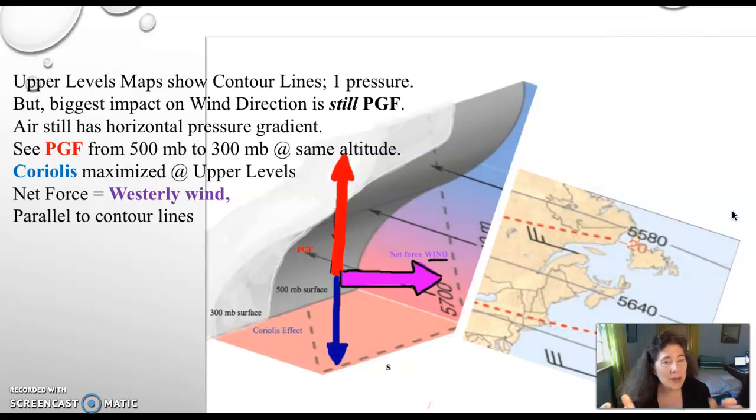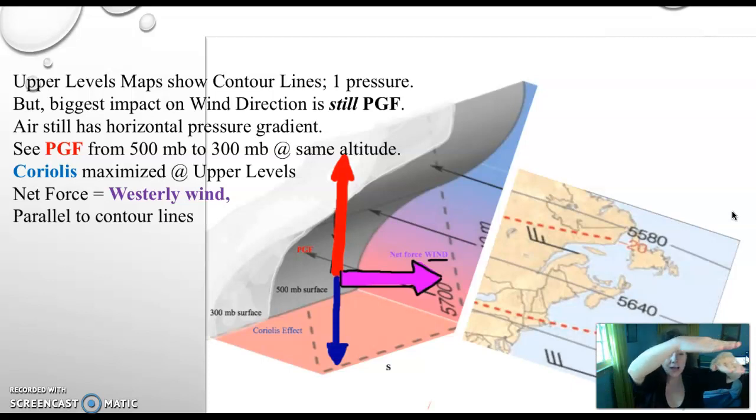At the same time, the atmosphere in the upper levels still has horizontal pressure gradients, because this can be my 500 millibar surface, and this can be my higher 300 millibar surface.